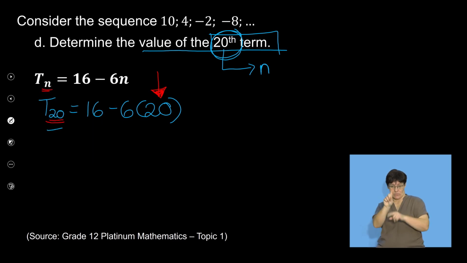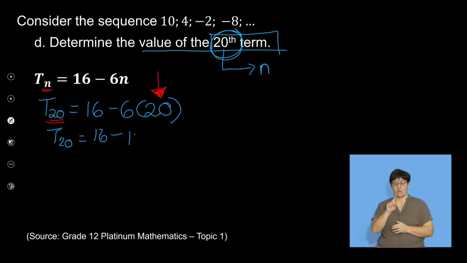Simplifying, term 20 will be equal to 16 minus 120. If I simplify this further, I see that term 20 is equal to negative 104.